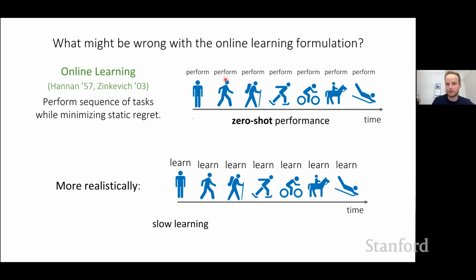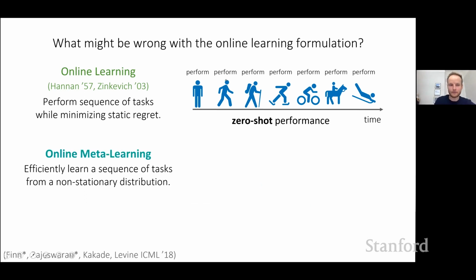It takes us a long time to learn this initial task, but then this evolves to very rapid learning over time. So over time, we want to be able to acquire new tasks much faster than we did at the very beginning. This setting we'll be referring to as the online meta-learning setting, where we want to efficiently learn a sequence of tasks from a non-stationary distribution.